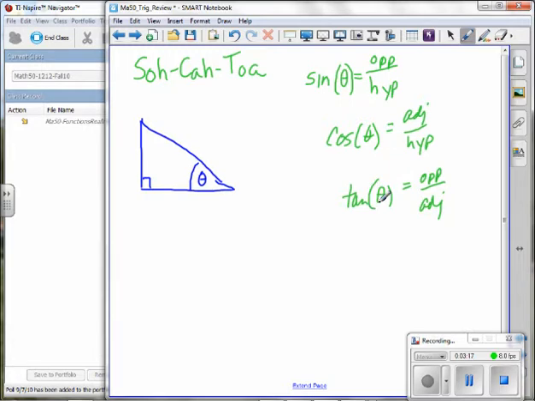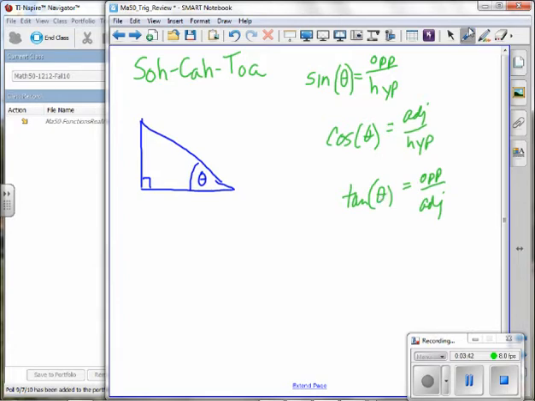Now, for every function we have, there are two basic parts. Can you name them? Okay, help me out. What is it? Input and output. Okay, two basic parts of every function.